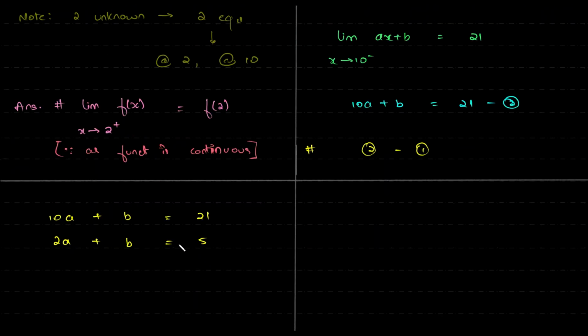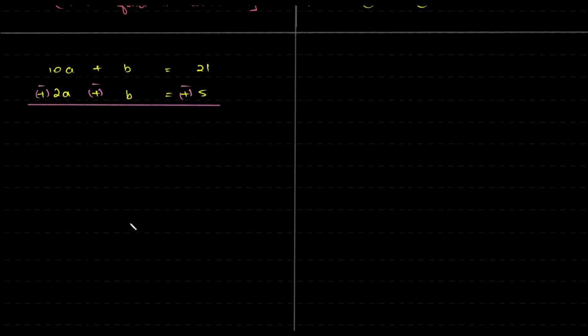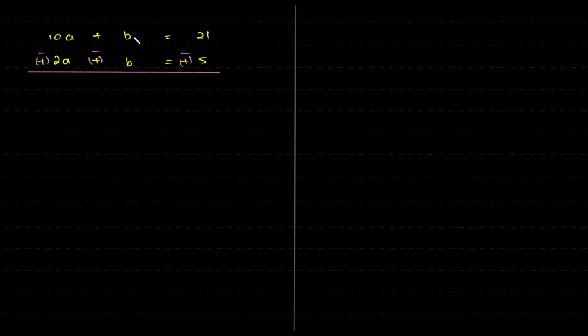Okay, so we are flipping the sign. So this will become minus, this will become minus, and this will become minus. So this b will cancel each other. And this is 8a is equal to 16. And a is equal to 2.